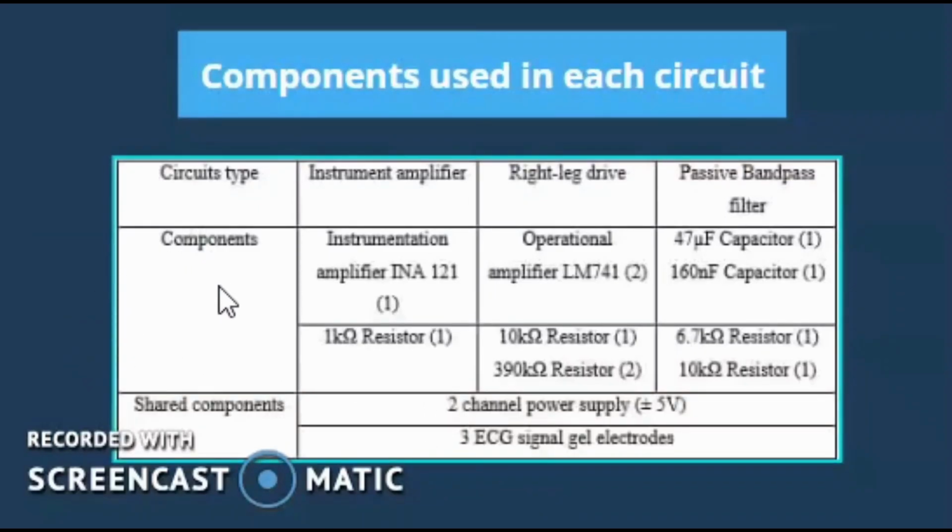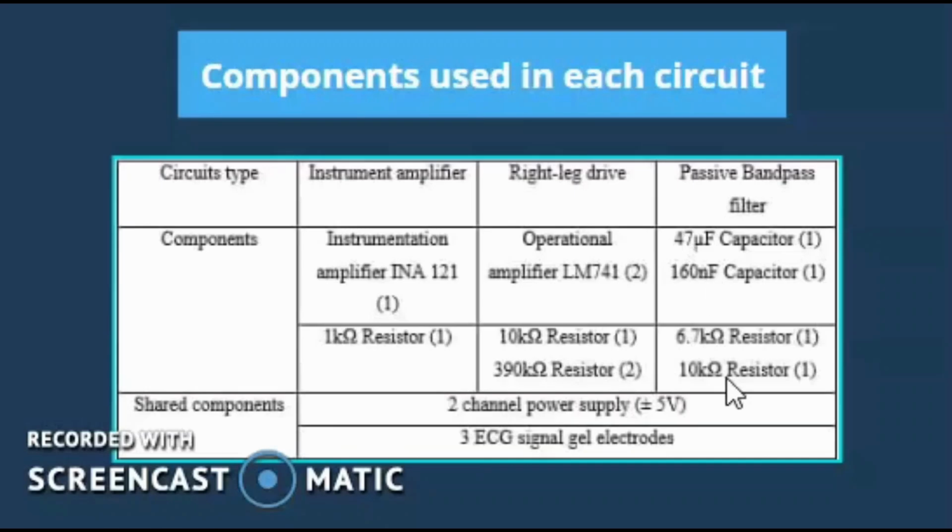Next, the components that have been used in each circuit are listed in the table below. As you can see, the components for the instrumentation amplifier are the INA121 and a 1K resistor. Next, the right leg drive circuit uses two operational amplifiers LM741, one 10 kilo ohm resistor and two 390 kilo ohm resistors.